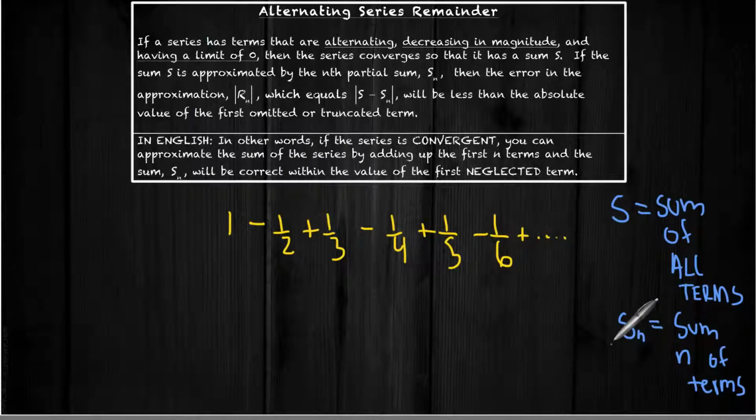Now, R is the difference between the real sum of all a million gazillion terms and the number of terms you decided to actually add together. That difference between the actual, so why don't we say this?